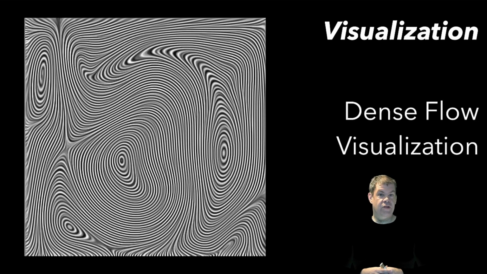I talked about flow visualization a little bit, about glyphs, for example, drawing a bunch of arrows to show flow direction to indicate the flow. And then I talked about methods for computing particle traces.